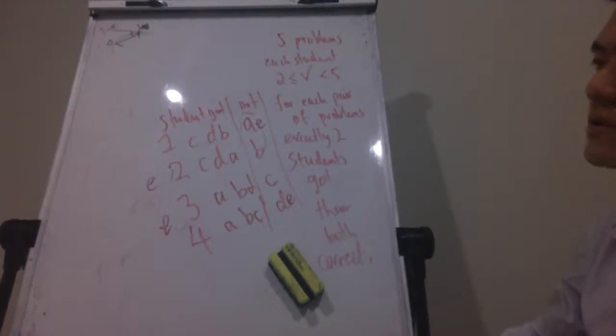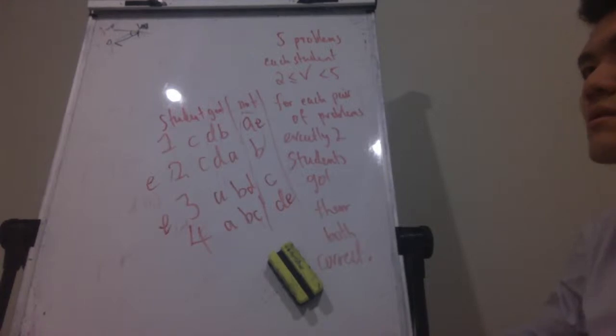So there are 12 problems as pigeons and 5 holes. So one problem got solved by 3 students. And each one has a maximum of 3 pigeons, because you can't have 3 students solve 4 of the same problems.